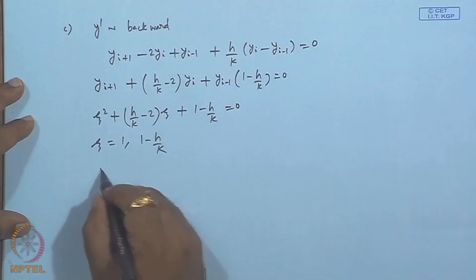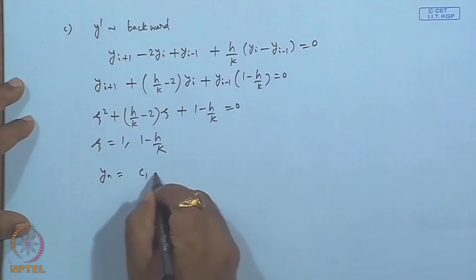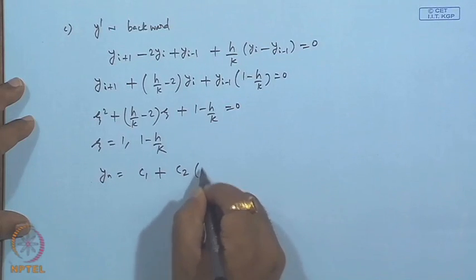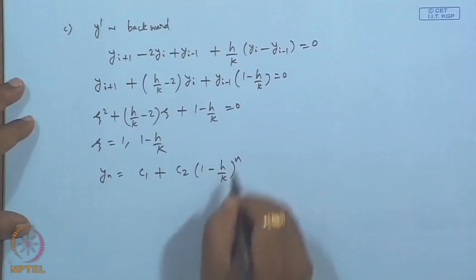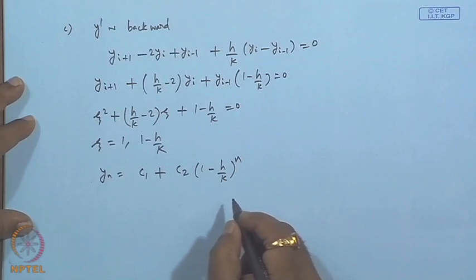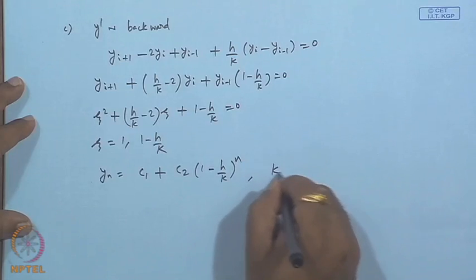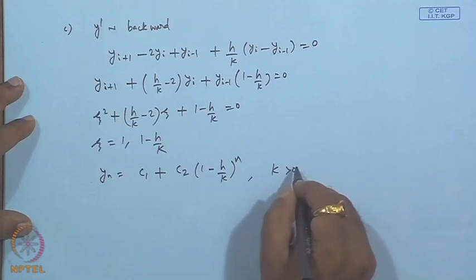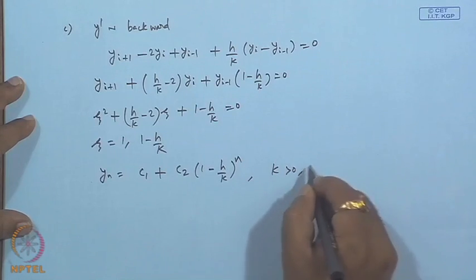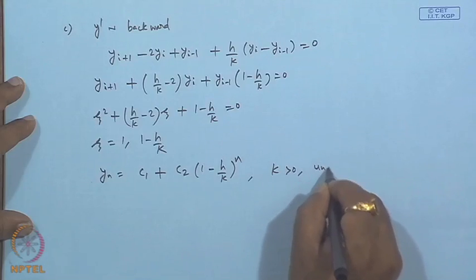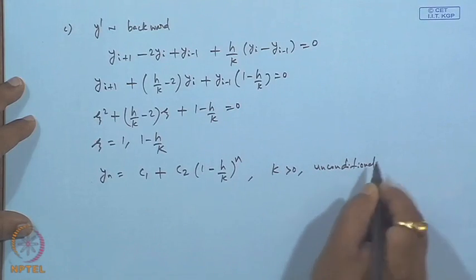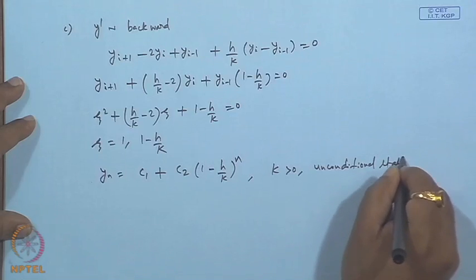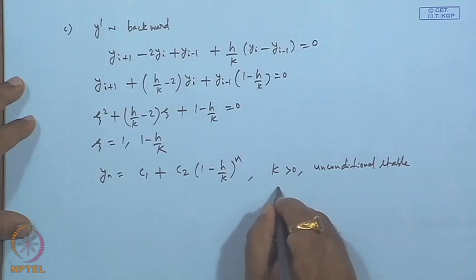So, therefore, the general solution is C 1 plus C 2 times (1 minus h by k) power n. Okay. So, k greater than 0, this will be unconditionally stable. Okay.